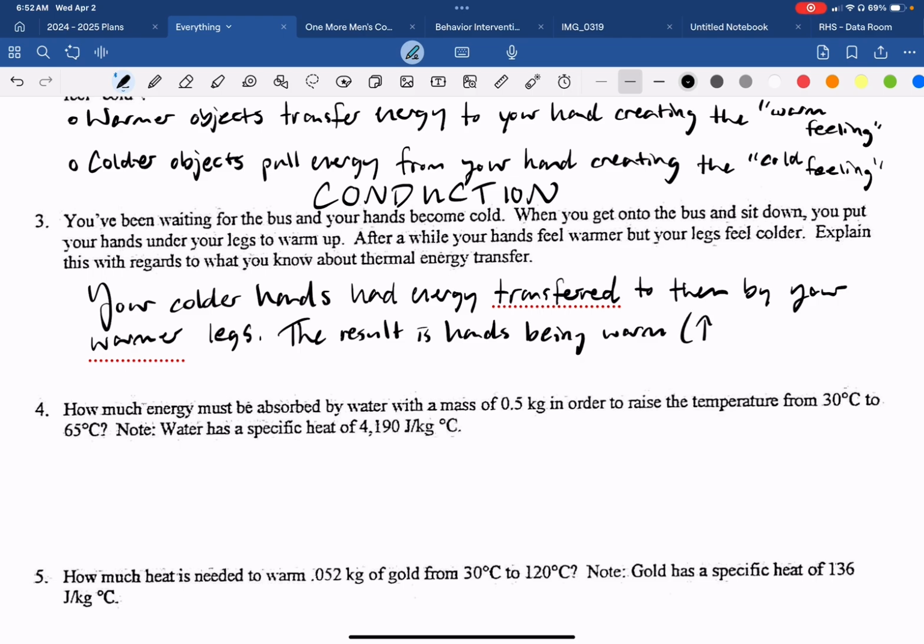And your legs being colder because of a decrease in energy. Once again, this is conduction.